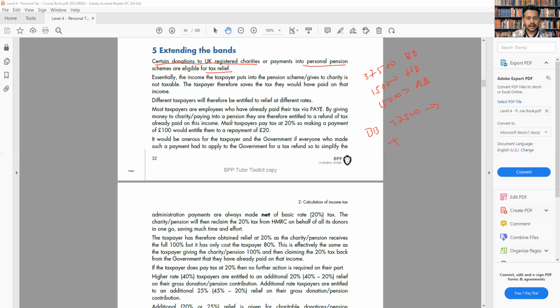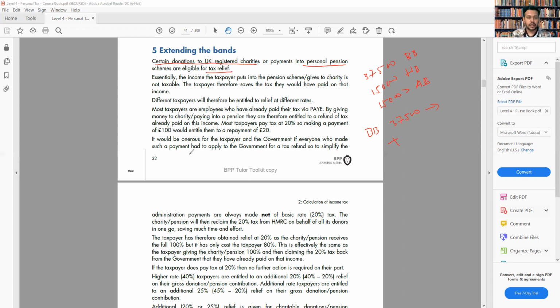Most taxpayers are employees who already pay tax via PAYE. By giving money to a charity or paying into a pension, they are therefore entitled to a refund of the tax already paid on this. Most taxpayers pay tax at 20%, so making a payment of 100 would entitle them to a repayment of 20.